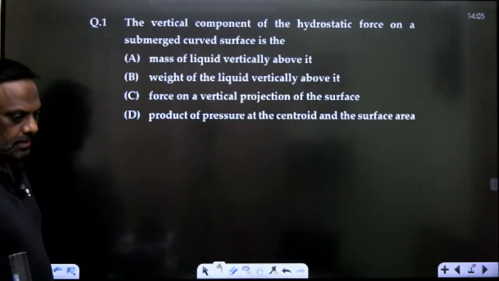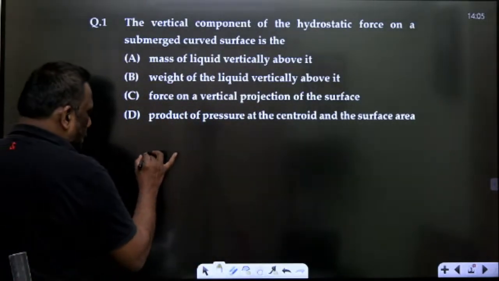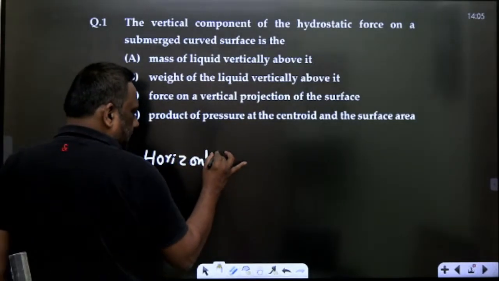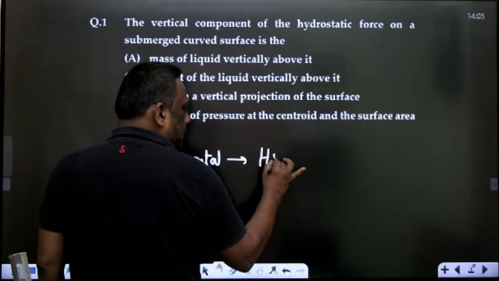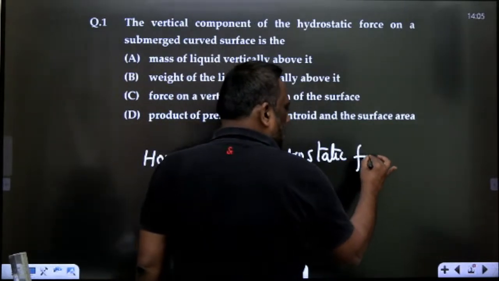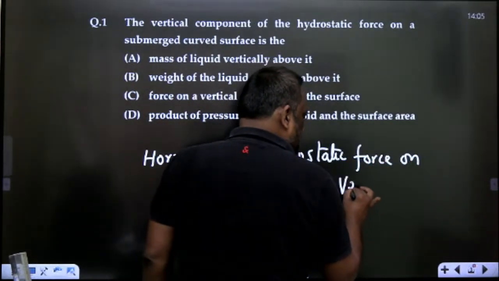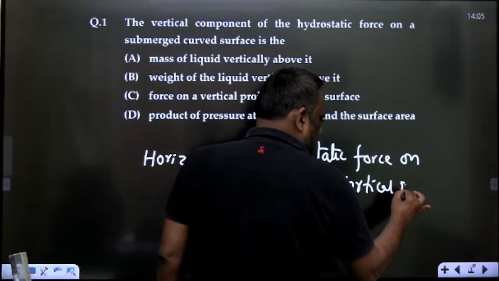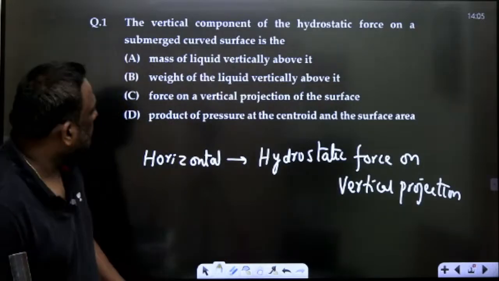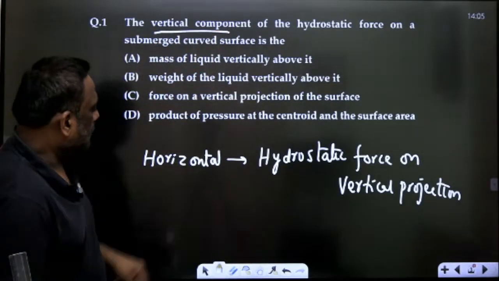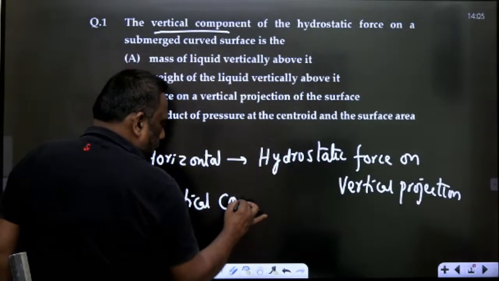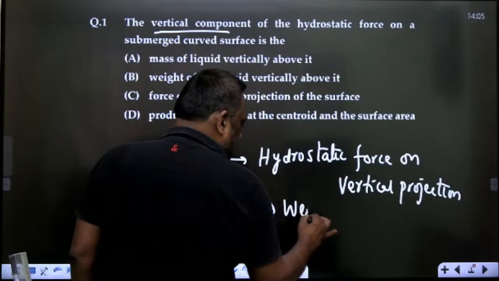You know, my dear students, if you want the horizontal component on the curved surface, the horizontal component will be equal to the hydrostatic force on the vertical projection area. Is he asking the horizontal component of force? No, he is asking the vertical component. So the vertical component on a curved surface is the weight of the liquid.